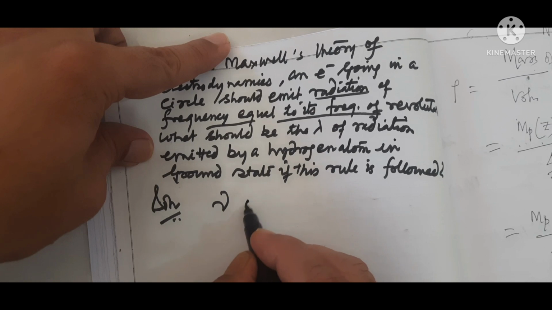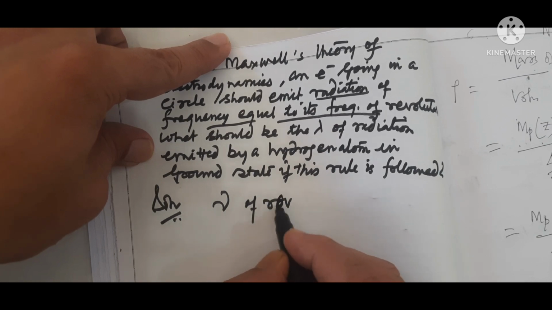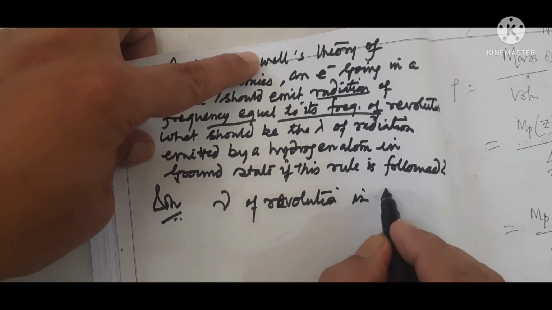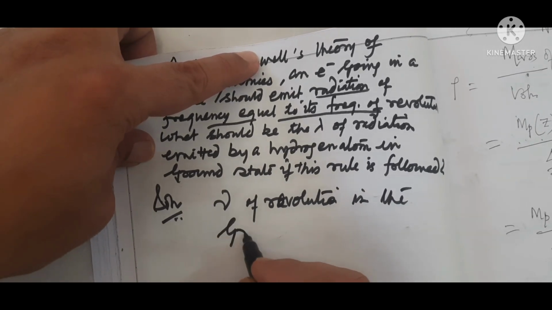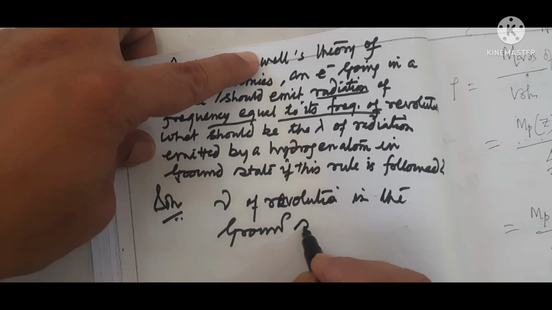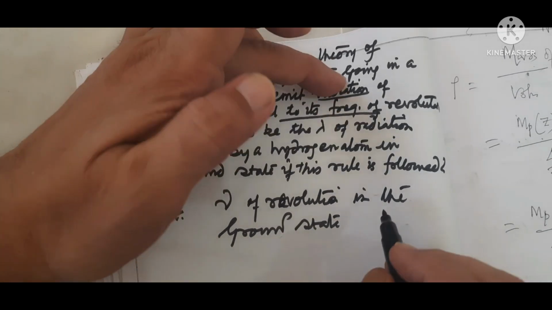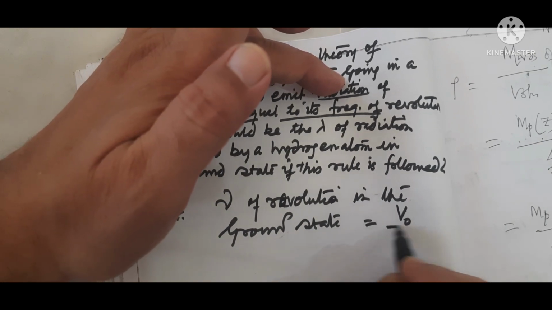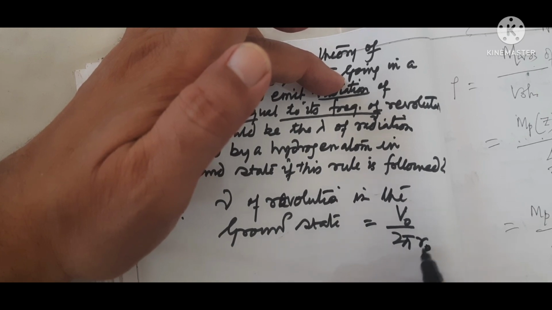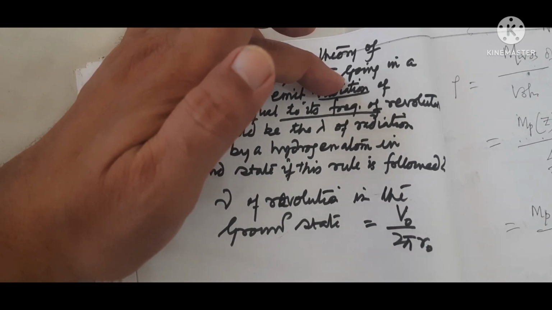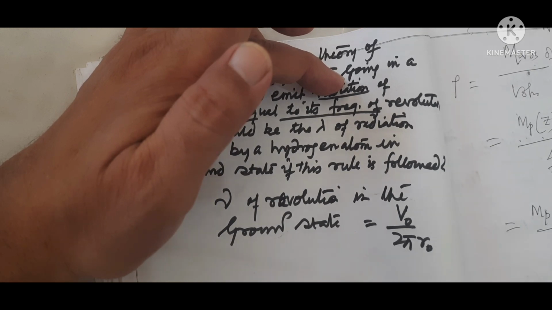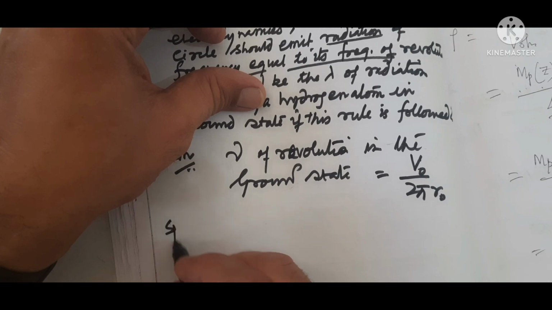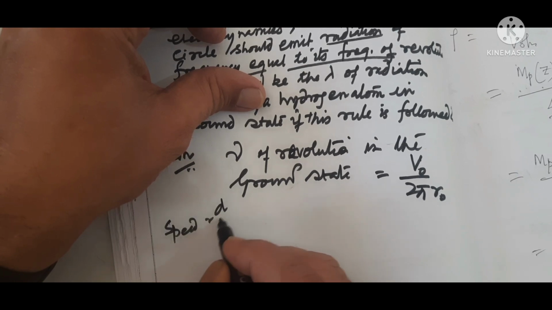The frequency of revolution in the ground state, कितना हो जाएगा फ्रीक्वेंसी? V naught by 2 pi R naught. फ्रीक्वेंसी ये कहाँ से आया? Speed is equal to distance by time.